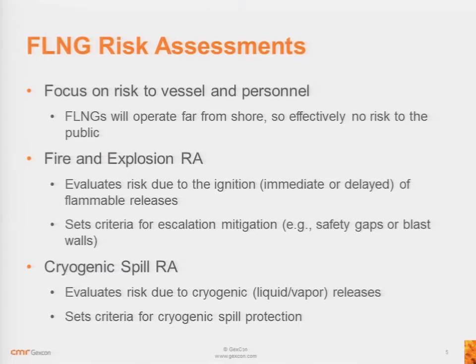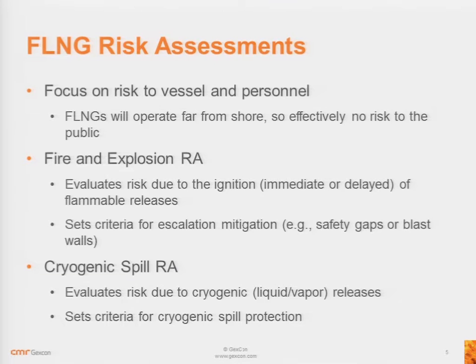In the fire and explosion risk assessment, we focus on flammable releases and consequences: fires, jet fires primarily, or delayed ignition leading to overpressure. The idea there is to keep the damage to a minimum, and mostly, as you heard, the DAL, the design accidental load, the focus is trying to prevent escalation risks, because that's what can take down the entire facility.